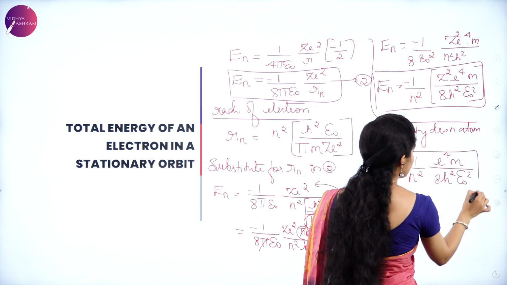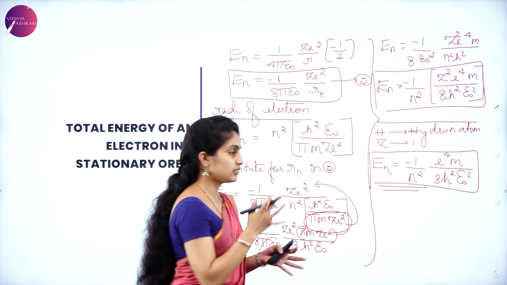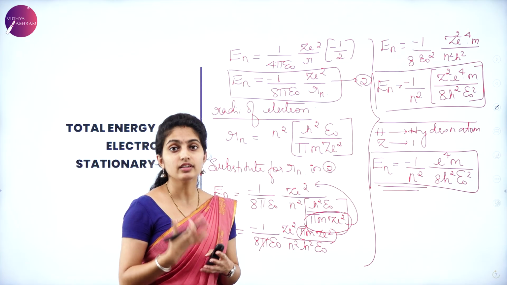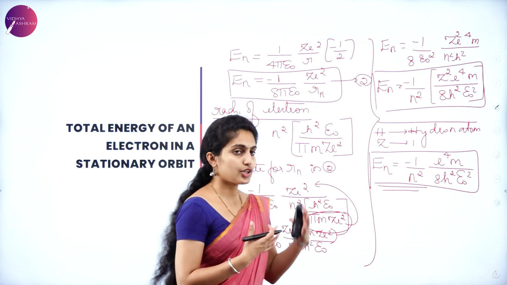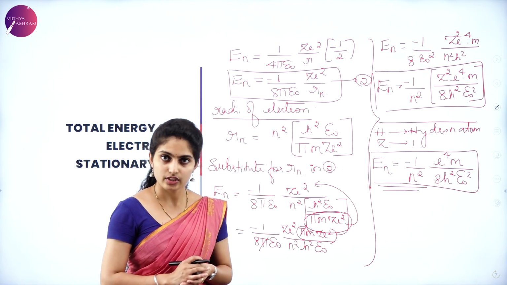This is the final equation, where e is the charge of the electron, m is the mass of the electron, and n is the orbit in which the electron is revolving. h is Planck's constant, and epsilon naught is also a constant.